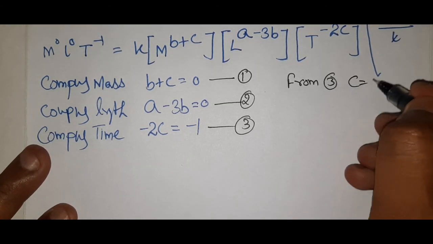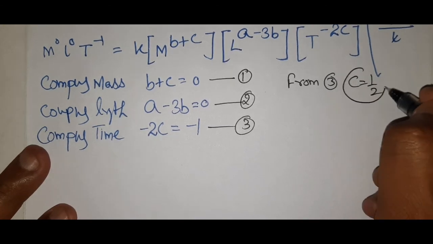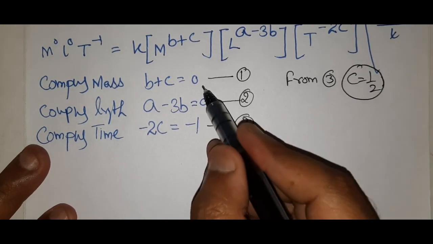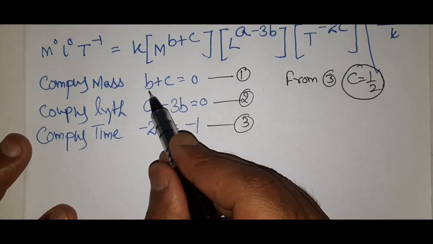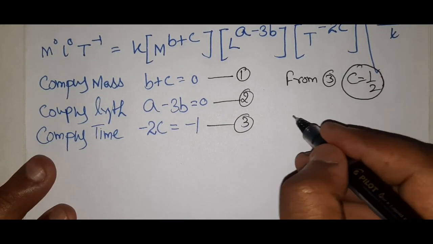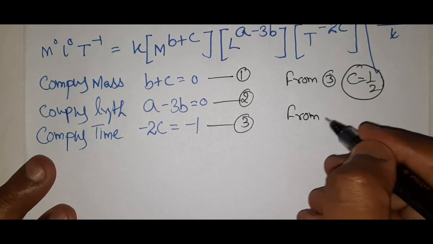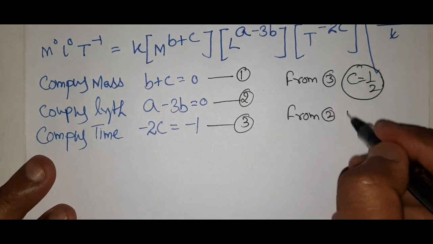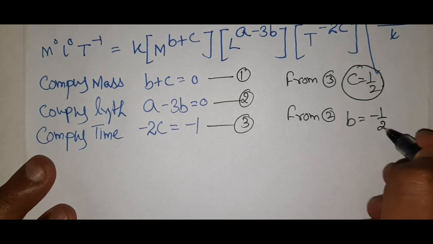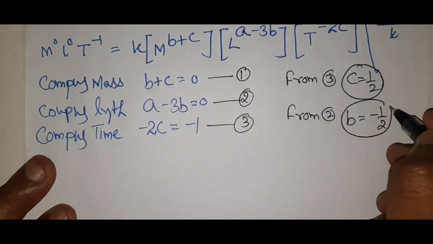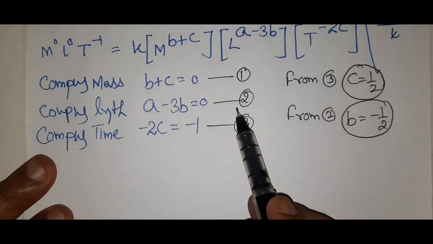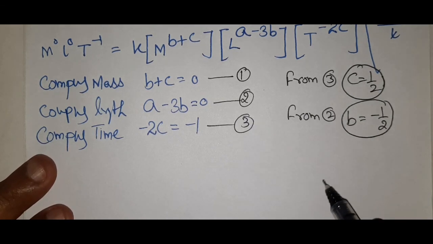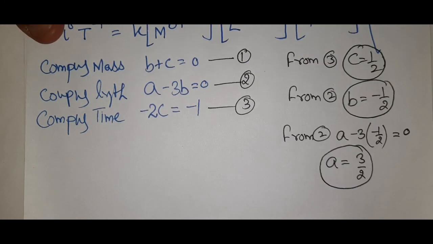Placing this in the first, c is 1 by 2, so b will be minus 1 by 2. Now placing this value in equation 2 to find a, we are getting a is equal to 3 by 2.